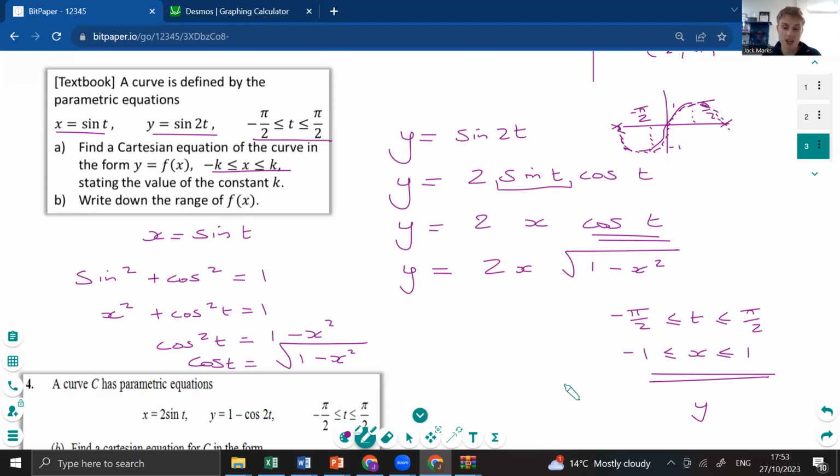So that means you're just going to get the values between minus 1 and 1. If you are allowed any values from there to there, what does it range between? It ranges between minus 1 and 1. So the x bit and the y bit are almost the same question in this particular one. So that's your domain, because your domain is about the x values that you're allowed, and that's your range, because your range is about the y values that you're allowed.